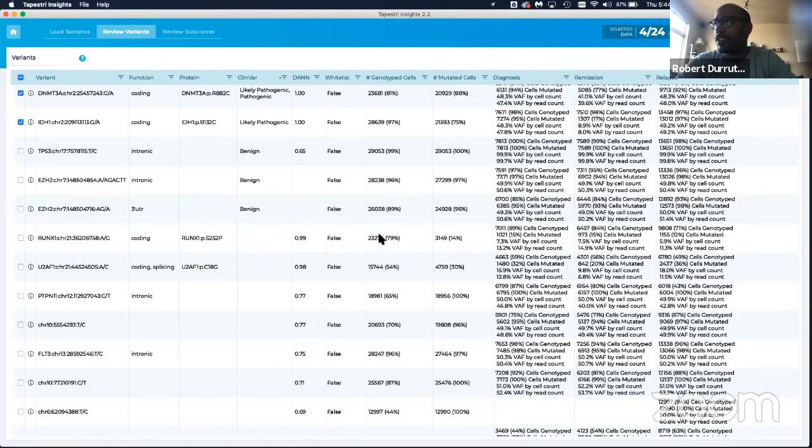When you look at the fraction of cells that are genotyped, it's also relatively high, around 80%. And then the 14% is right where you want a somatic mutation to be. 14% is exactly within that territory. Now, how do you differentiate that potential somatic mutation from a potential artifact?